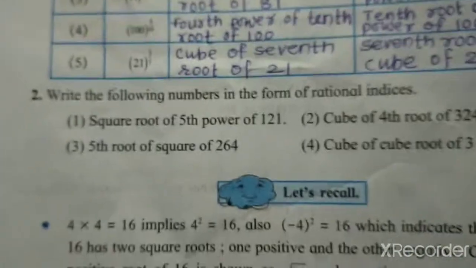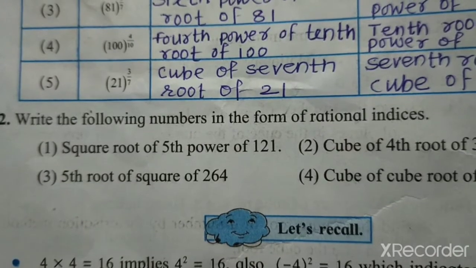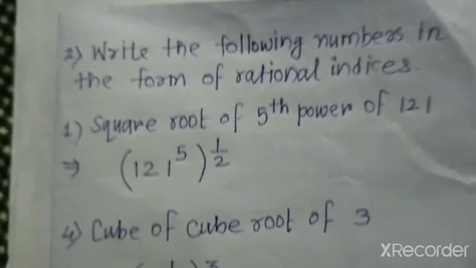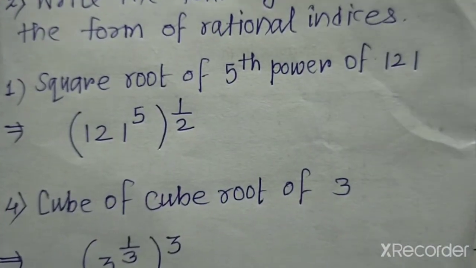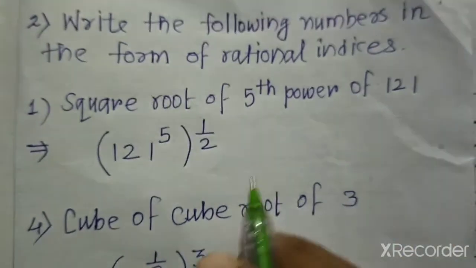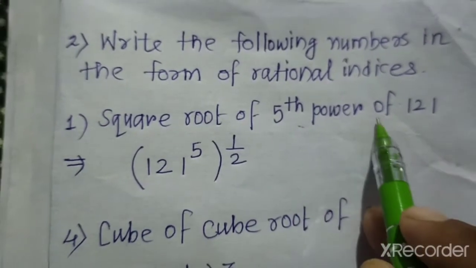Now see the example number 2. Write the following number in the form of rational indices. So first question, square root of fifth power of 121. Look here. First we'll see the fifth power of 121.